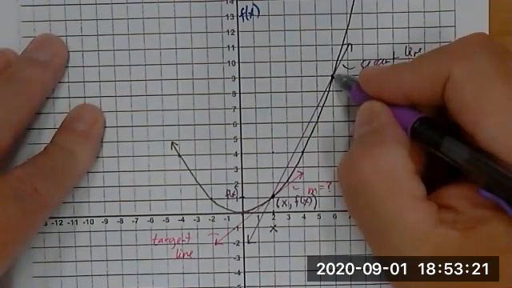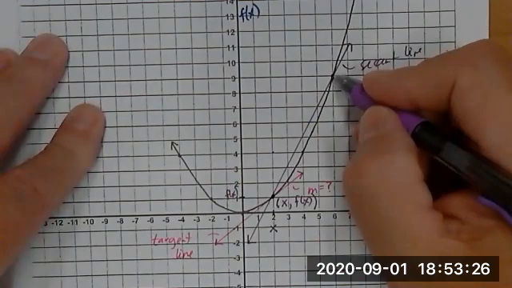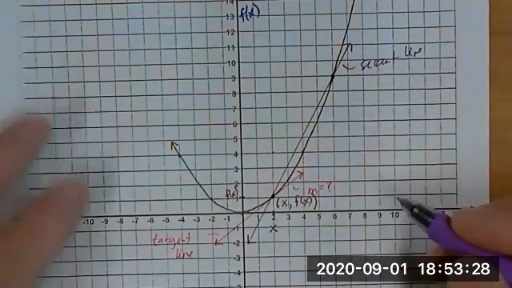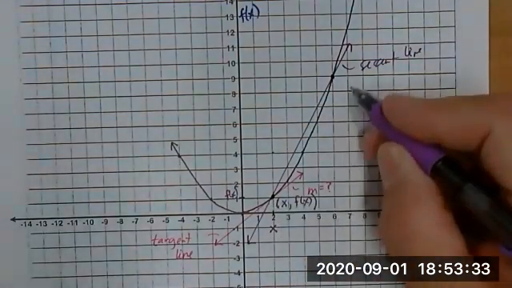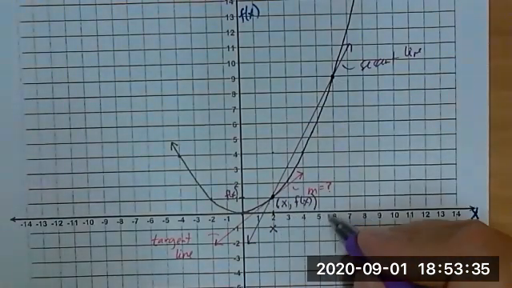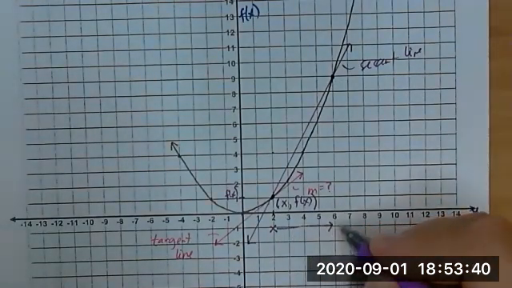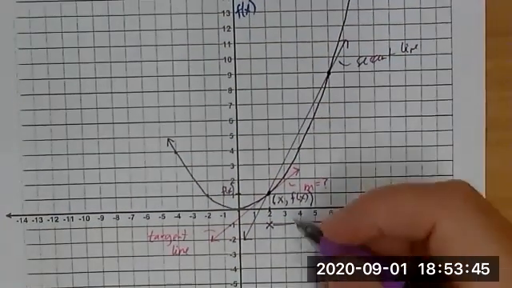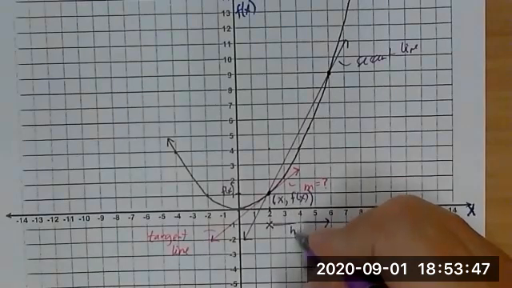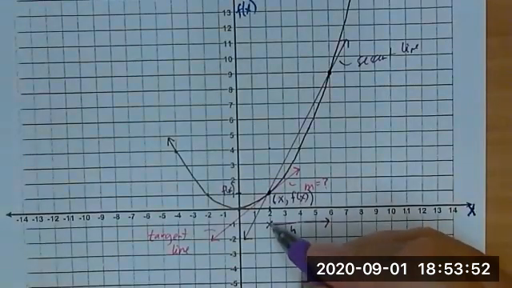Here's what I'm going to do. Up here, instead of doing x2, y2, I'm going to say, from this point to this point, how far do I move horizontally? Horizontally, I move that far. I'm going to call that distance h. This is almost like the run in rise over run.